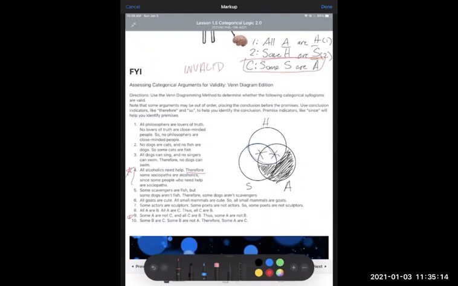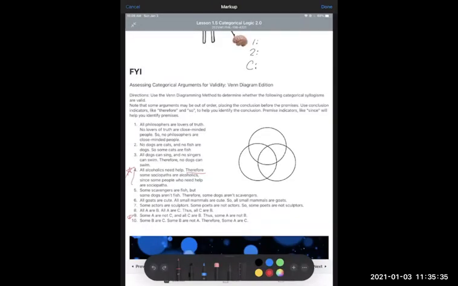Let me clear everything here now. All right, so let's do number 9 now. Some A are not C, all C are B, thus some A are not B. Well, let's go ahead and get the conclusion on there.